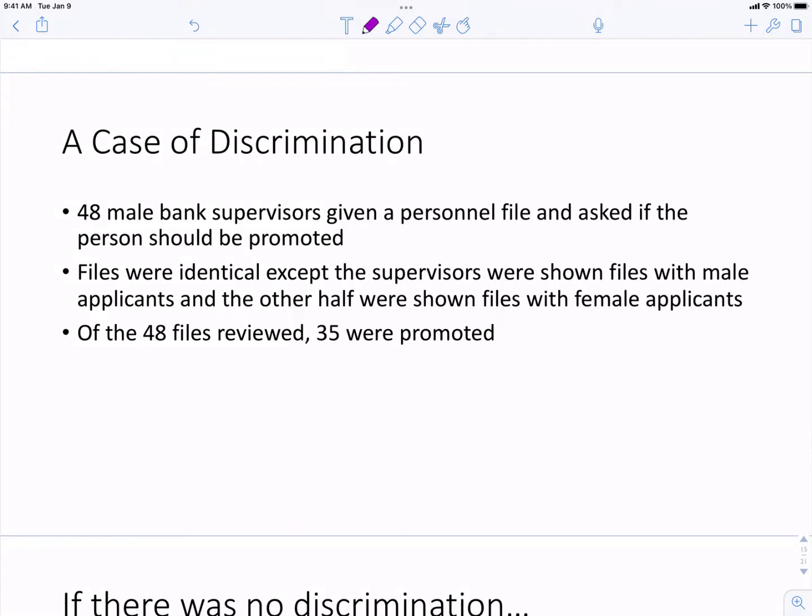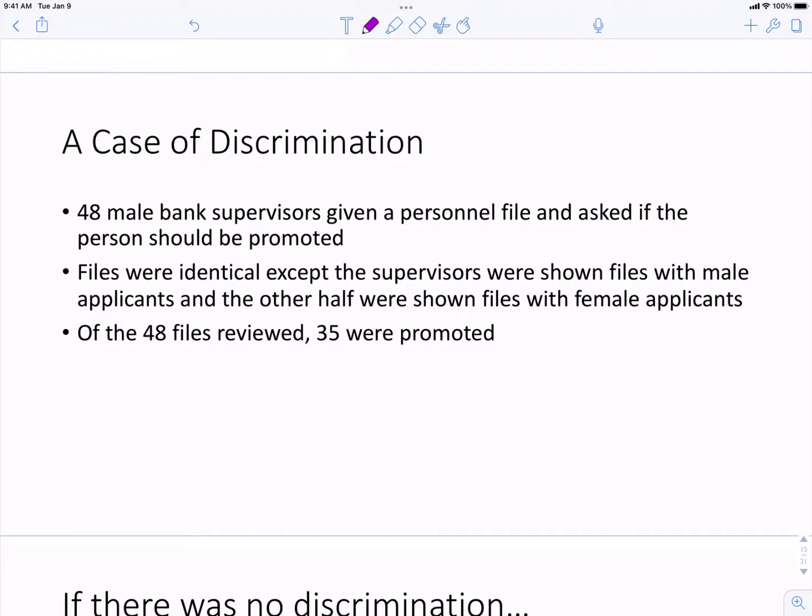This is a true case where a chi-square test for independence was used to establish whether or not there was gender discrimination going on in the workplace. And this is a common place that you might see this test applied. So here was the scenario. 48 male bank supervisors were given a personnel file and asked if the person should be promoted.